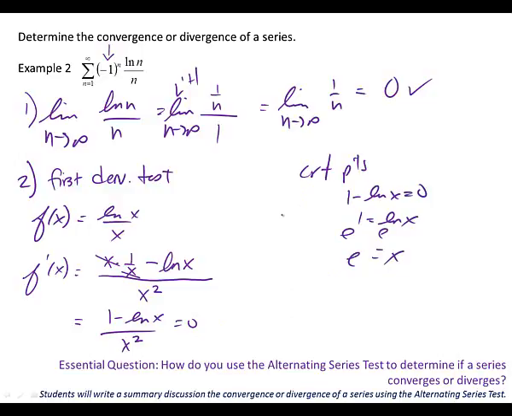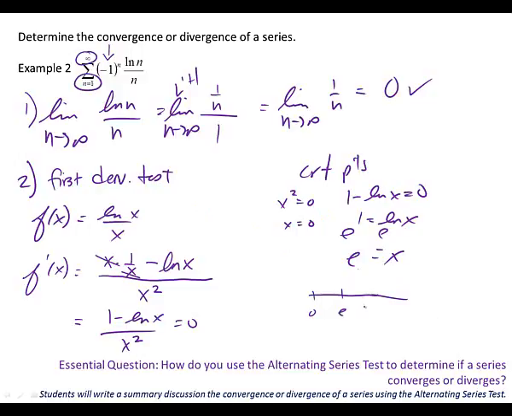Where's our other critical point from? 0, right? The denominator. But if I look at the interval I'm working on, because isn't this the interval 1 to infinity? So really we're looking at, it says that we have a critical point at 0, we have a critical point at e.